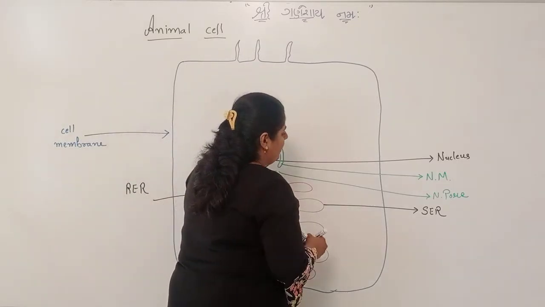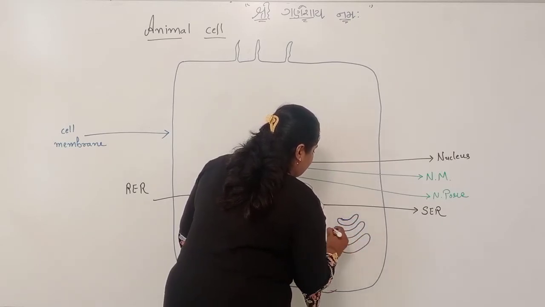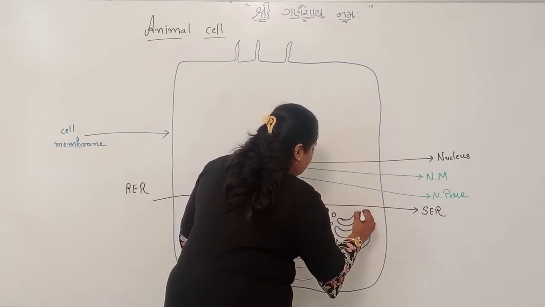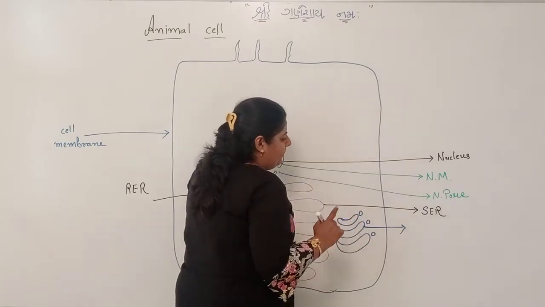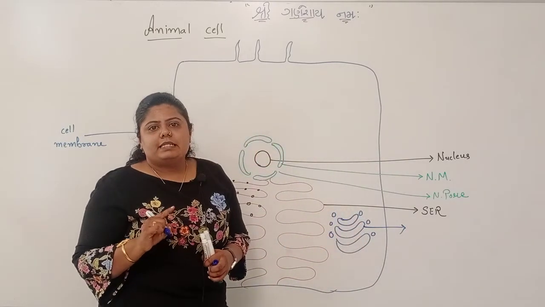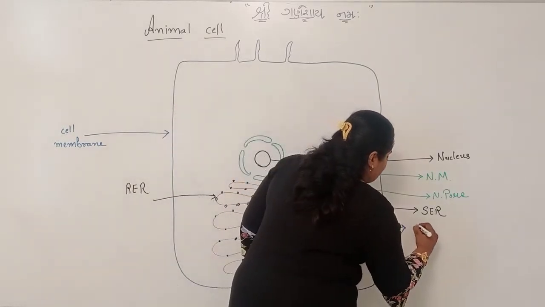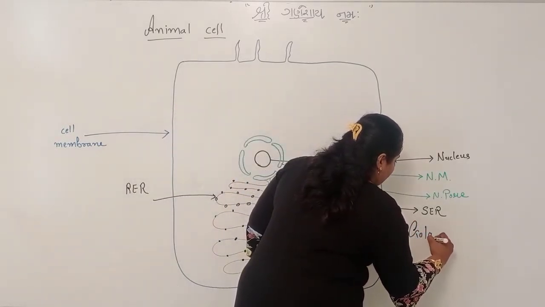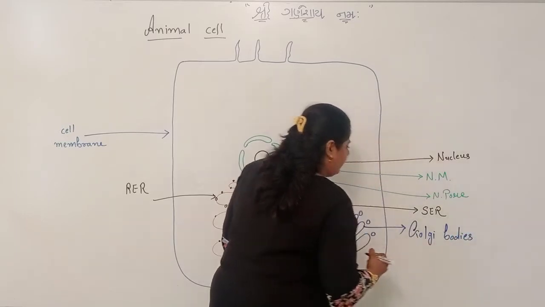So our next organelle is the Golgi apparatus, vesicle like. Function: packaging of protein and lipid before they are released into the cytoplasm. So this is our packaging man, Golgi bodies.